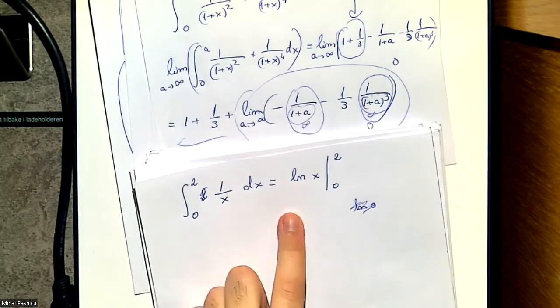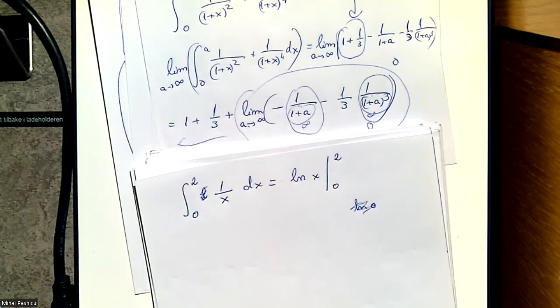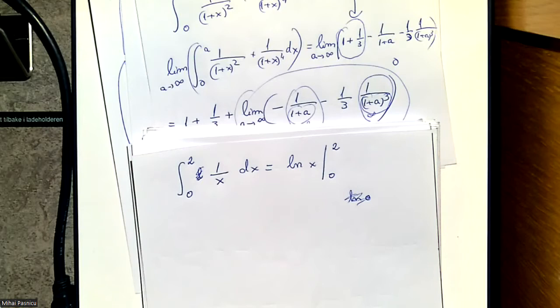So the way to deal with such problems is to write it as a limit. I think most of the graders would be understanding. In this case, if you just wrote log of 0, they would kind of understand. But the formal way, for those of you that are interested, is to just say, okay, x can't be 0.